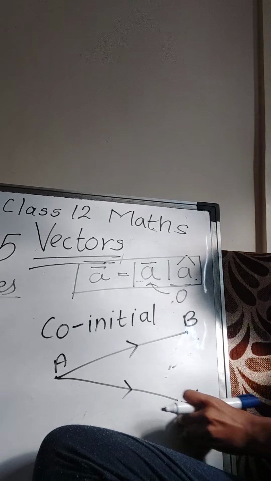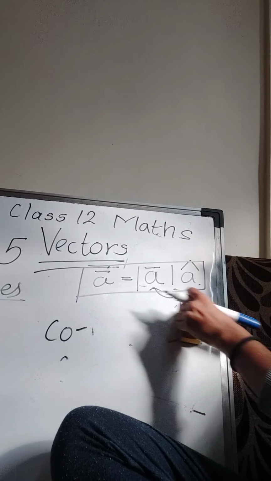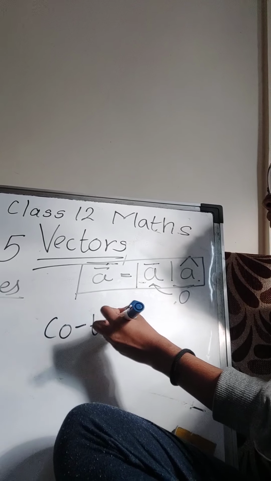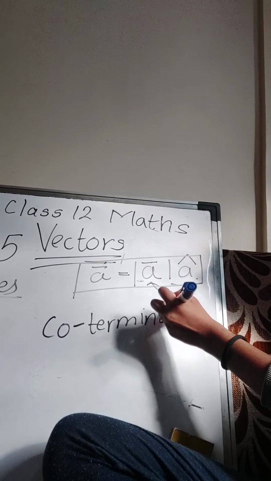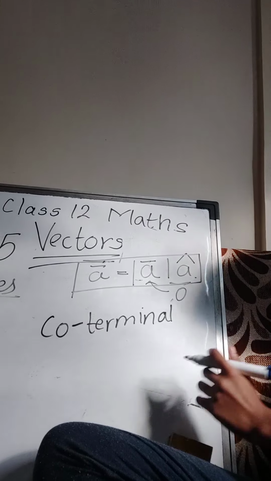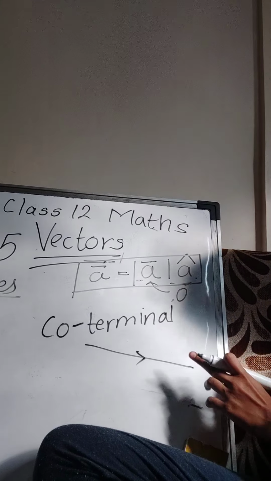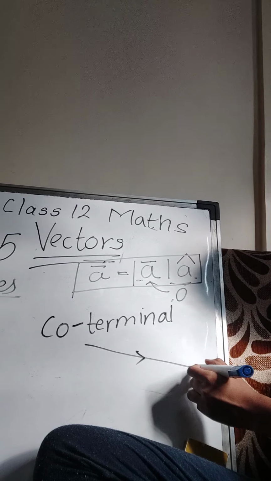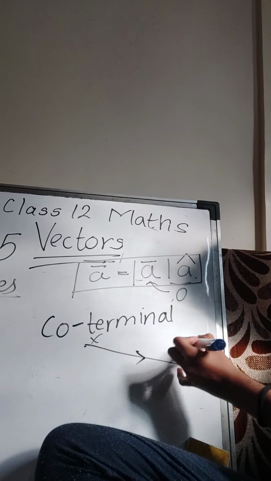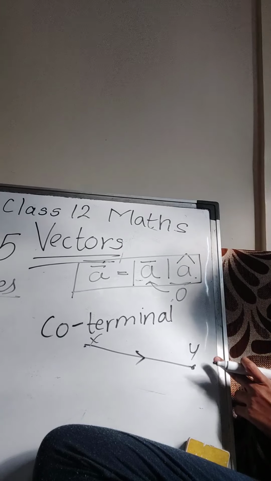Now you can easily tell me what a co-terminal vector is. Very simple, whose terminal points are the same. That means the ending point is the same. So if this is your first vector, its ending point is here. This is XY, suppose.